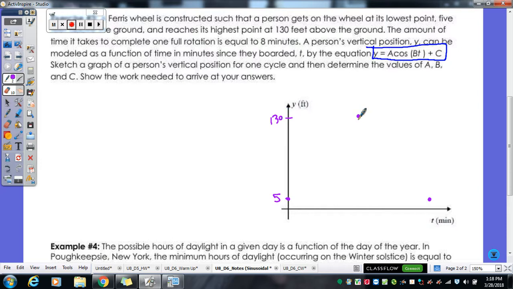That's going to be in the middle between my 2 5 feet there. So you're going to kind of estimate where the middle is. And it takes how long for it to get back to 5 feet? So that means this happens at 8 minutes. When is my maximum going to happen? At 4 minutes. And then we draw our curve.